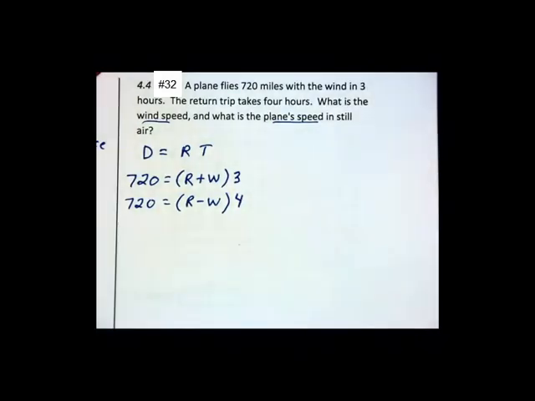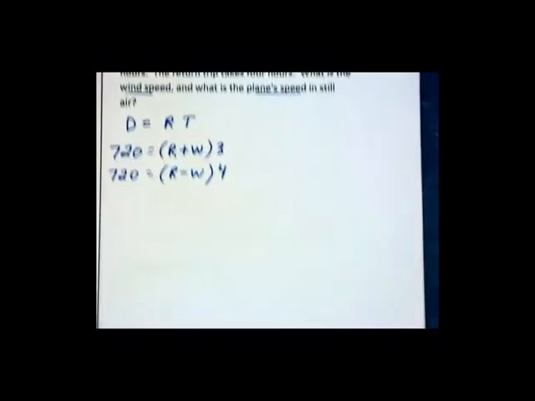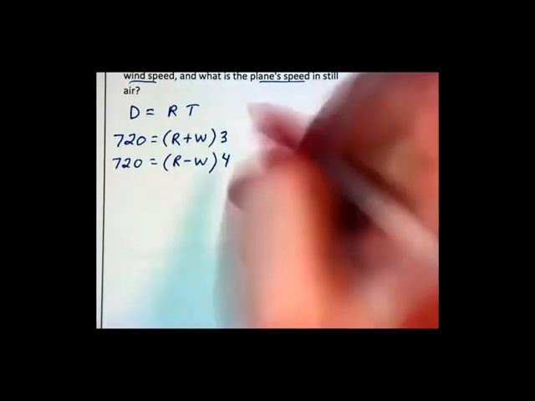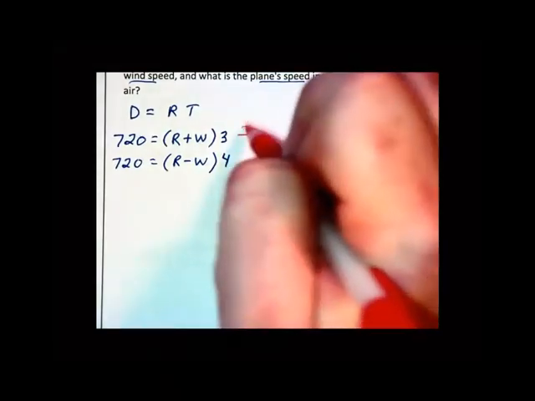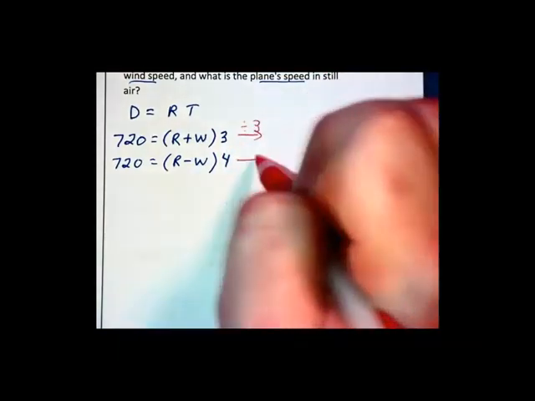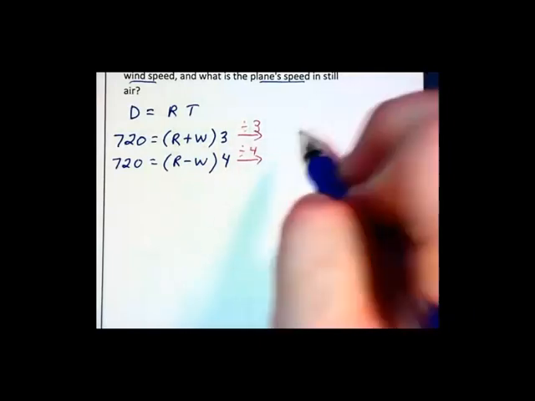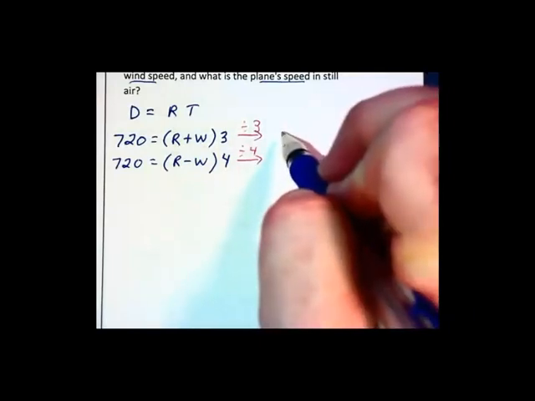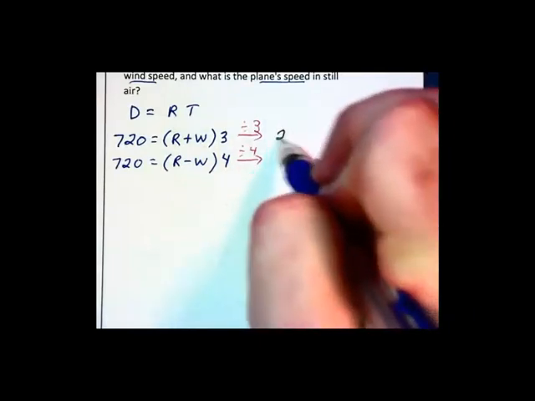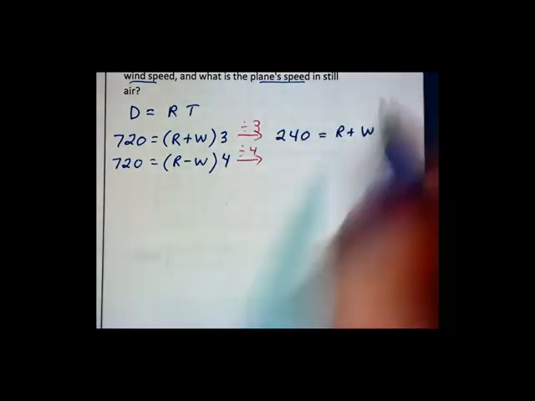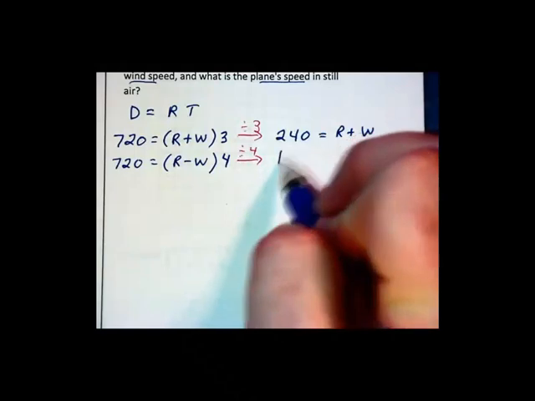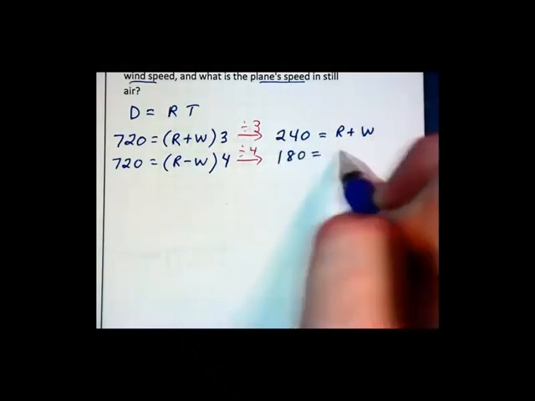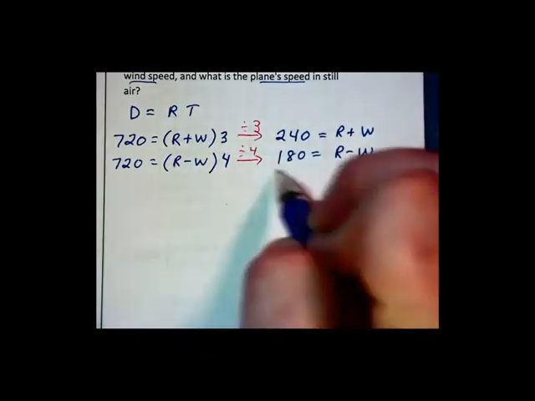Very straightforward setup. Now, I'm going to divide by the time there. In the first equation, I'm going to divide by 3. In the second equation, I'm going to divide by 4. And 720 divided by 3 is 240, equal to r plus w. And dividing by 4, we're going to get 180 is equal to r minus w.